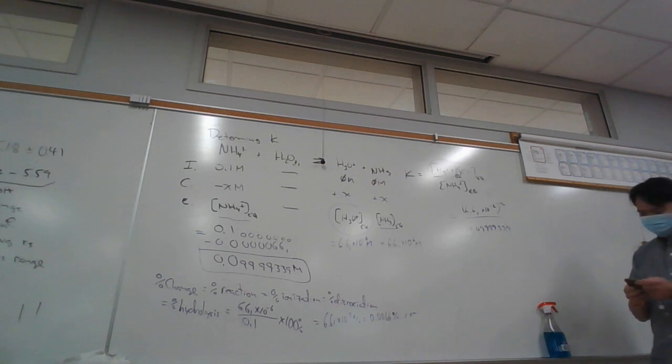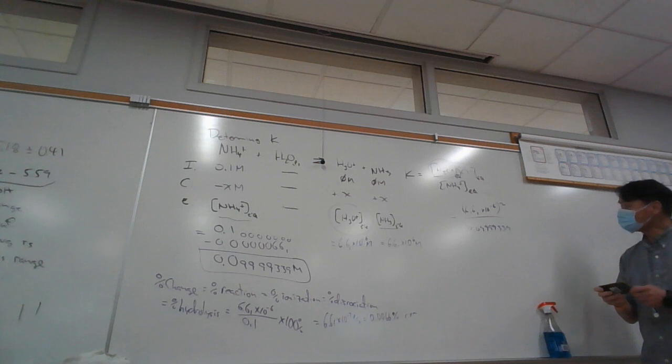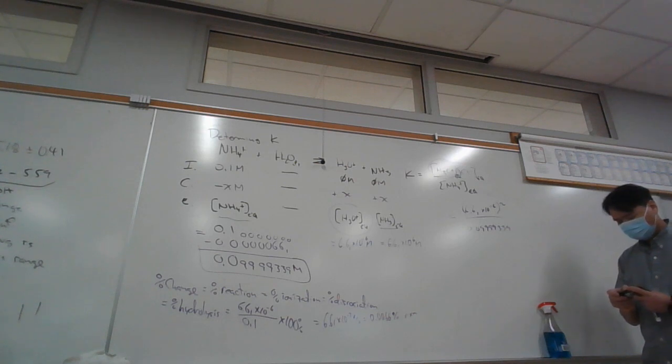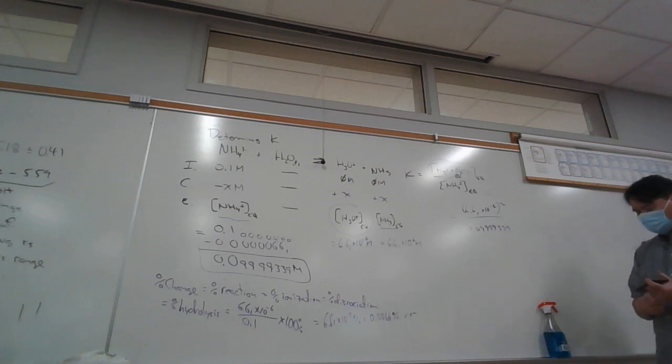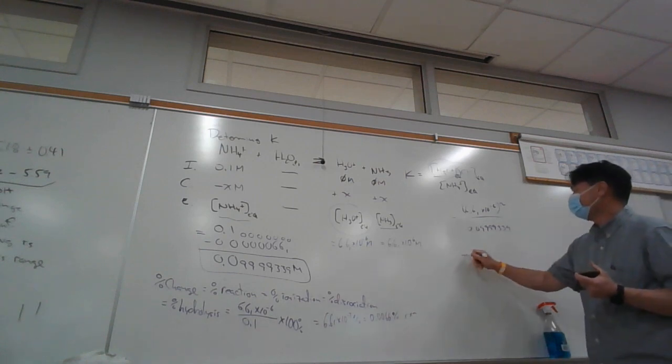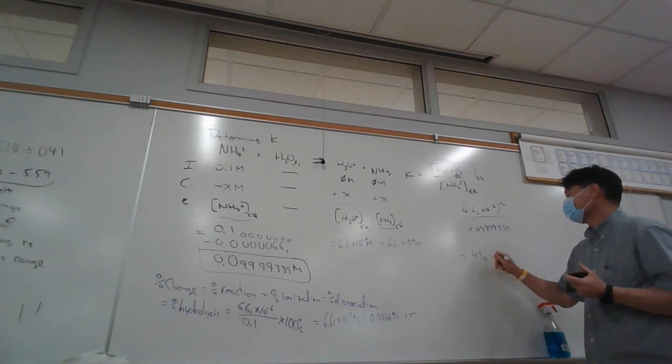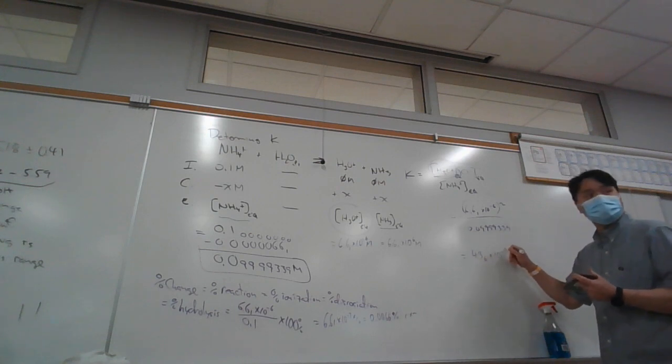And so let's go ahead and do this calculation. I'm going to get 6.61 times 10 to the minus 6, square that, divided by 0.099999339. So I get 4.36 times 10 to the minus 10.